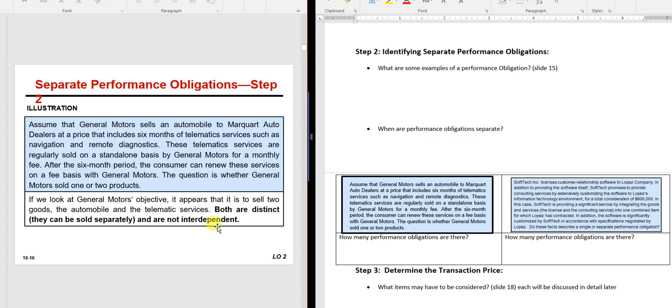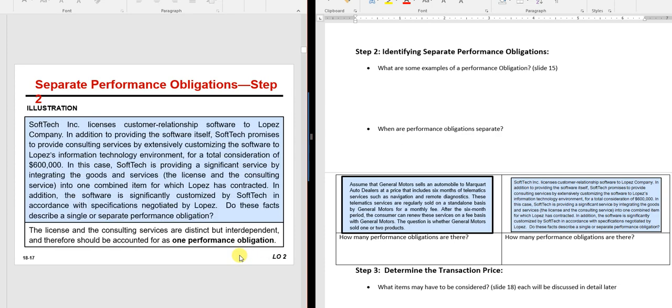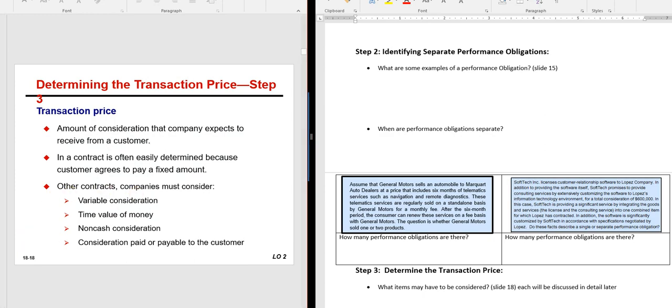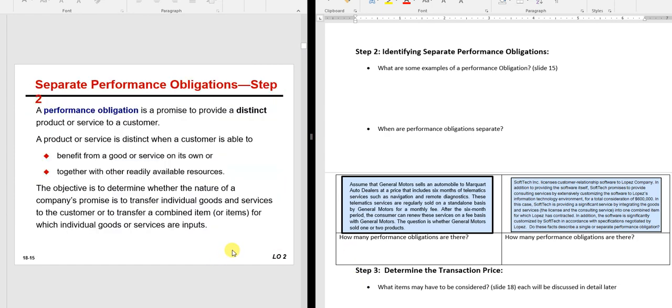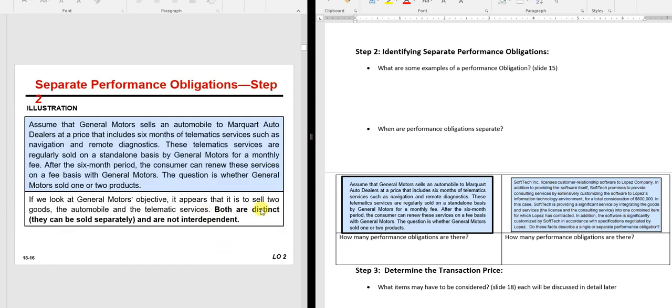So you recorded them as one, whereas the bonds with warrants attached, you could separate them, so you recorded it as two. So that's the same thing we're going to do in this type of thing. So how many performance obligations are there? In this case, there are two because both are distinct and they can be sold separately and they're not interdependent.